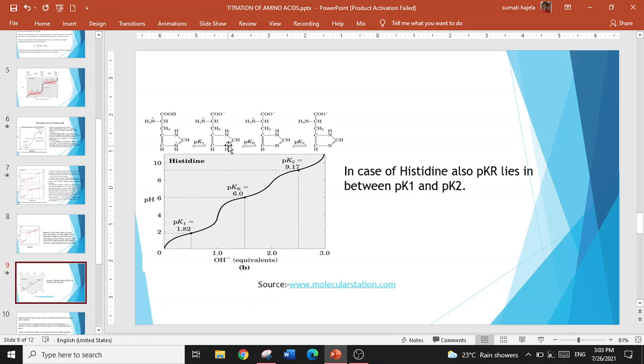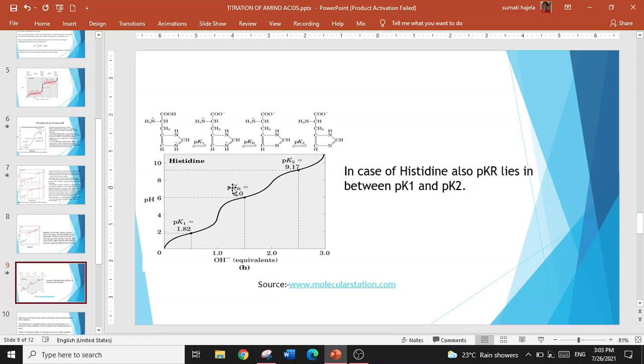Here this remains as such. Then this species occurs, predominates. Then finally all the charges are neutralized in the process of titration.